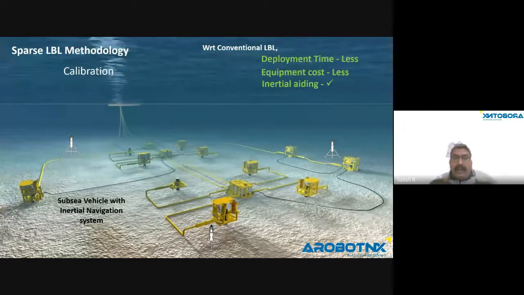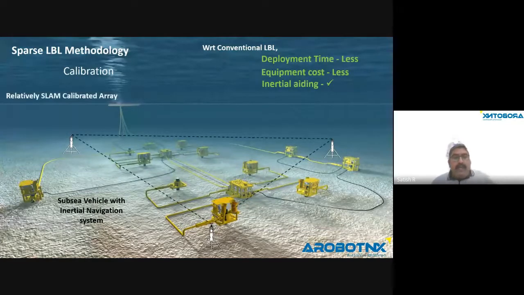So carry out things in a proper way. OEM documents are definitely available, but you can also have your own array, provided the INS as well as the references are very strong. This is what we call a relatively SLAM-calibrated array, where the transponders talk with each other and get slammed.